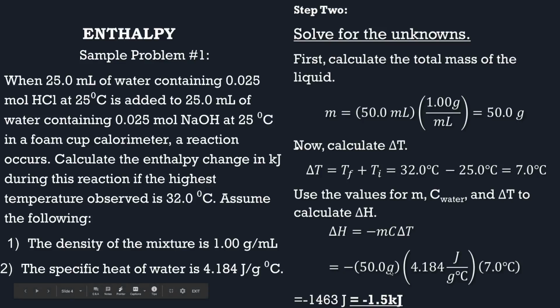So negative 50 grams times 4.184 times 7 degrees Celsius gives you negative 1,463 joules. But here's the deal. The question asks for the answer in kilojoules. Remember that kilojoules is 1,000 joules. So 1,463 joules is going to equal 1.463 kilojoules, or about 1.5 kilojoules. We divide this number by 1,000 to get our answer.